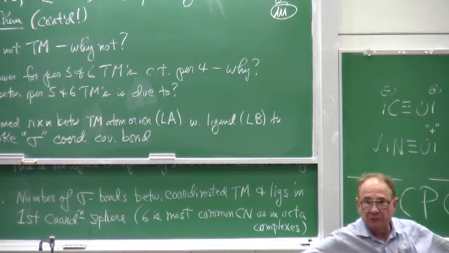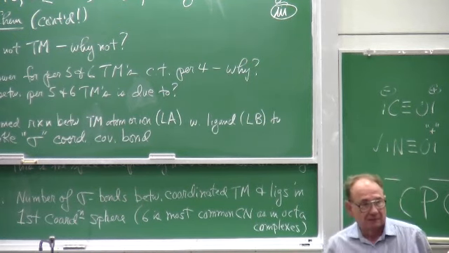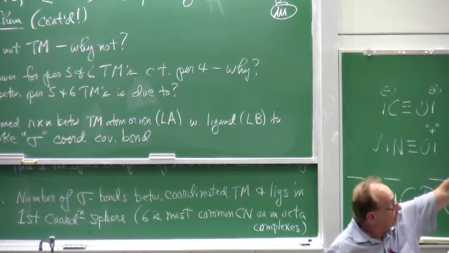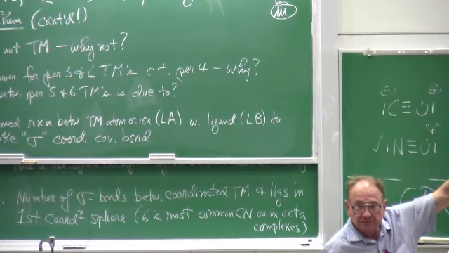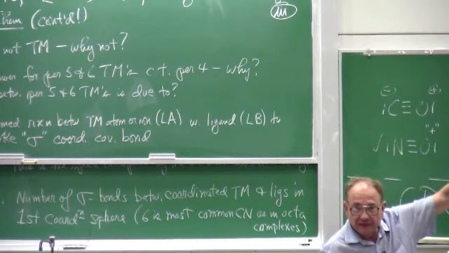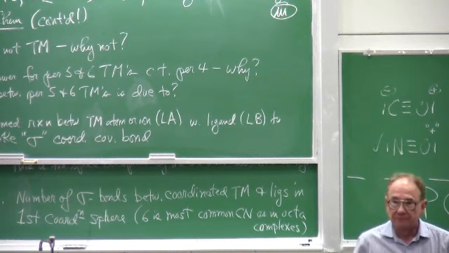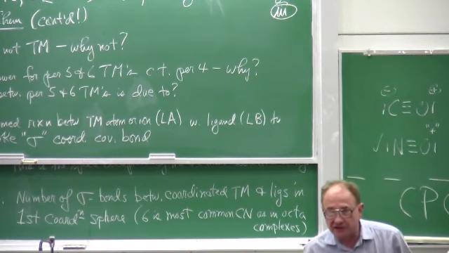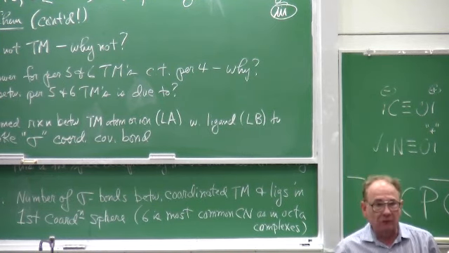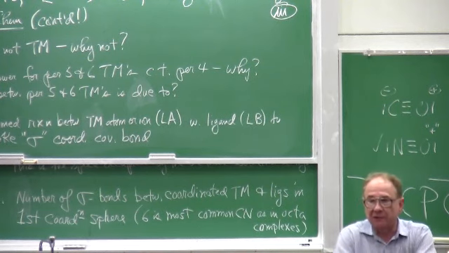They're all d10 s1 atoms: 3d 4s, 4d 5s, 5d 6s. But this 6s electron of gold has an ionization energy requirement which is about the same as the 5s electron of silver.